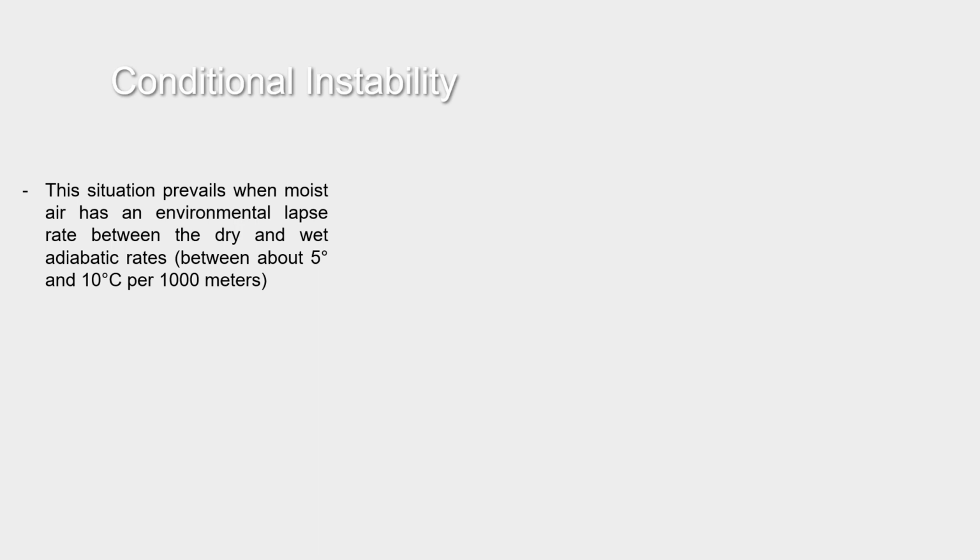So when moist air has an environmental lapse rate between this dry and wet adiabatic rates, it exhibits conditional instability. If this air is forced to go up, it has the potential to become unstable and produce severe weather.